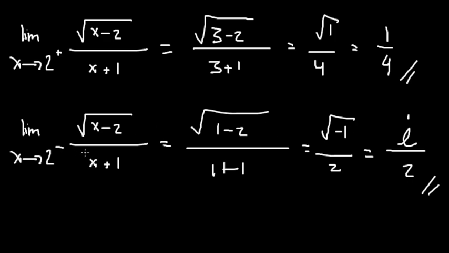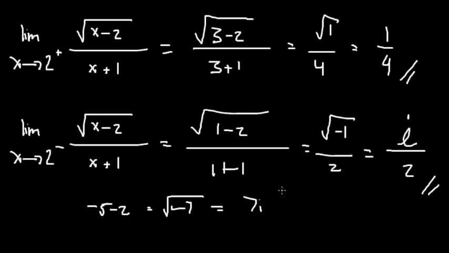If we look at it, any value to the left of 2, or less than 2, if we plug it in for x, let's say we used negative 5, negative 5 minus 2 will give us negative 7. Now, what is the square root of negative 7? It will be 7i.